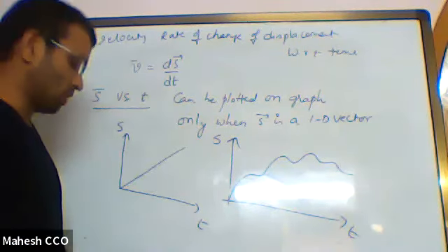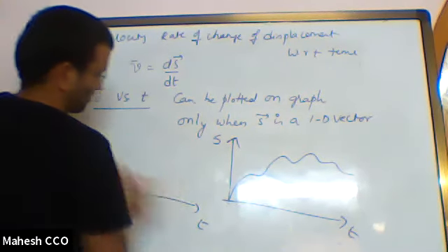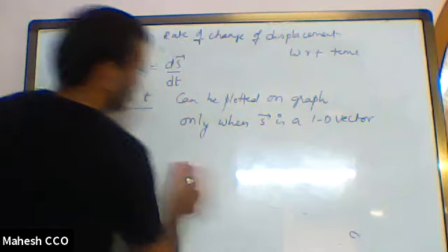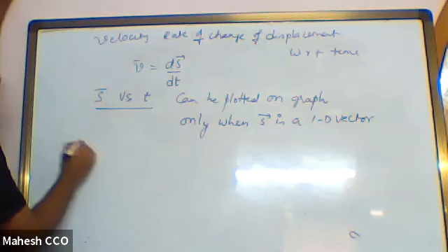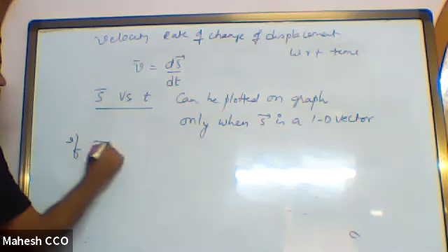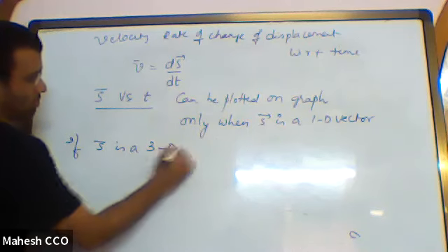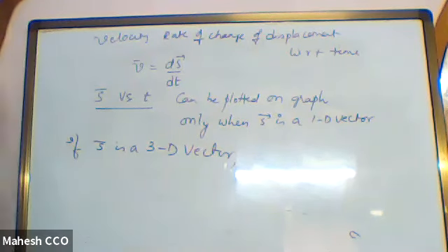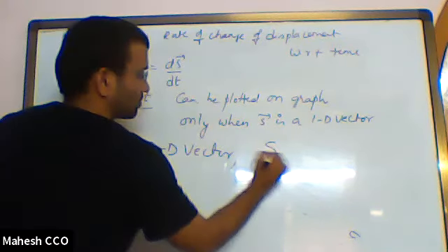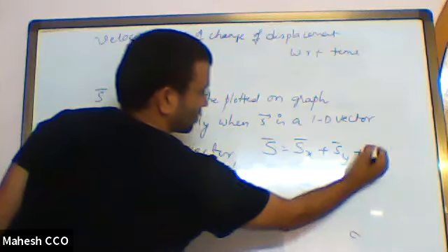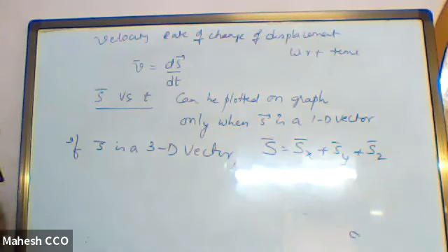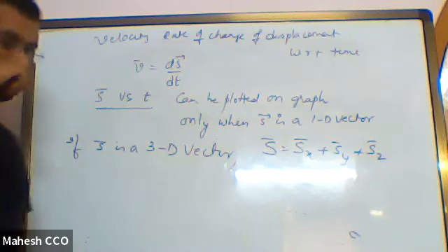No. What I will do is, if S bar is a 3-dimensional vector, then I will write S bar as Sx bar plus Sy bar plus Sz bar. That means I will split the displacement along 3 directions.